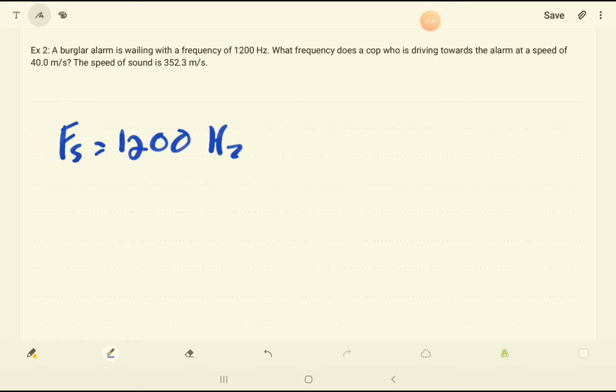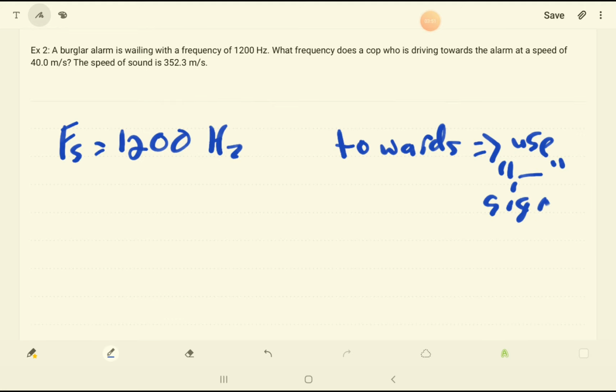What frequency does a cop who is driving towards the alarm at a speed of 40 meters per second hear? All right, so if it's towards, we're going to also use the minus sign. And we have a V of the source at 40 meters per second.